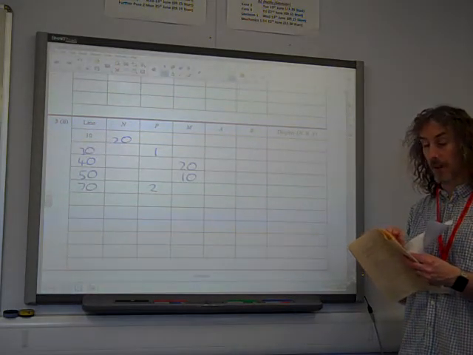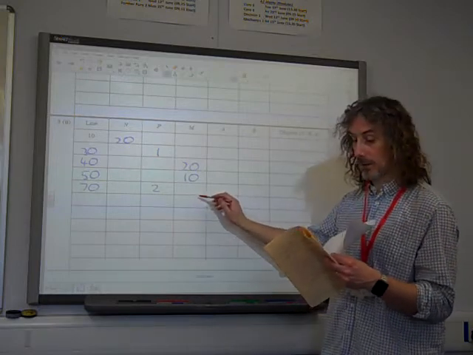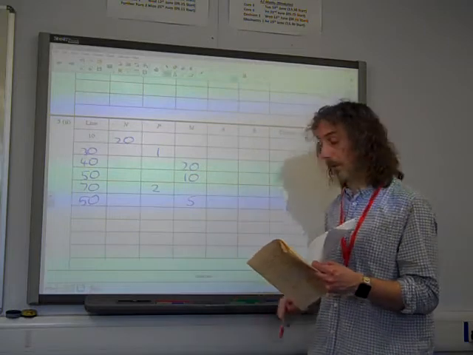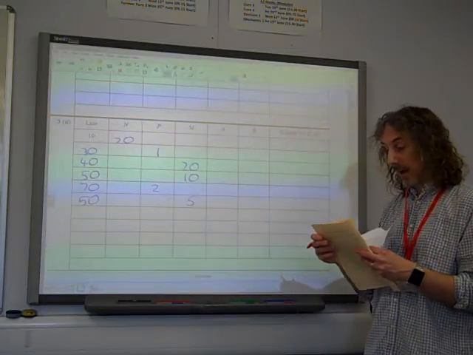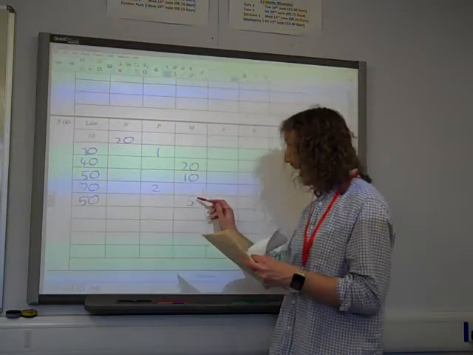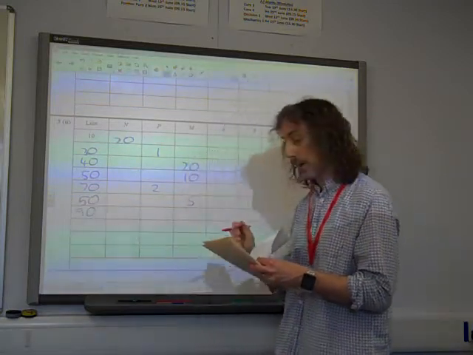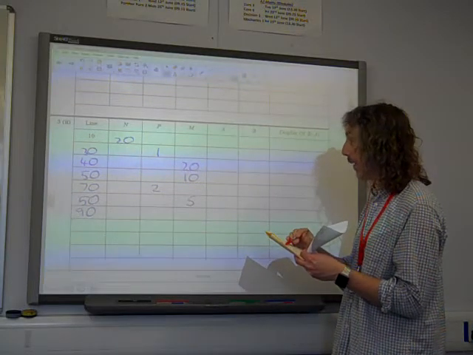Line 50 said divide the value of m by 2 and make this the new value of m. So we're back to line 50, dividing that by 2 and making that the new value of m. Line 60, if m is odd, jump to line 90. It is odd, so we're going to jump to line 90. Line 90 was the one that said let a equal m squared plus 1 times 2 to the p minus 1.